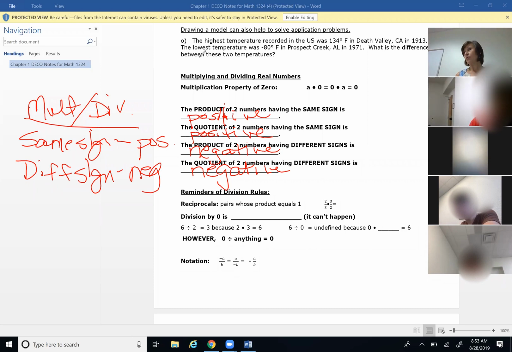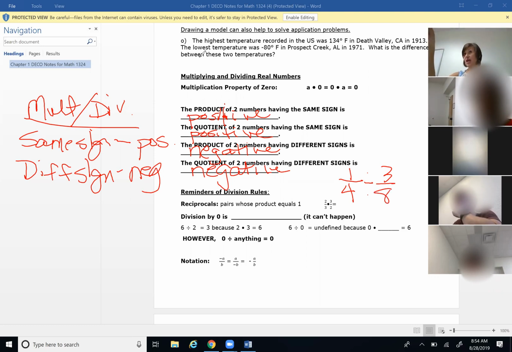Now, we talked about with fractions last class that if I had a fraction divided by a fraction, what do I do? Remember, if we had, say, 1/4, and I asked you to divide that by 3/8. Leave, change, flip. Yeah, if I'm adding or subtracting, I need a common denominator.